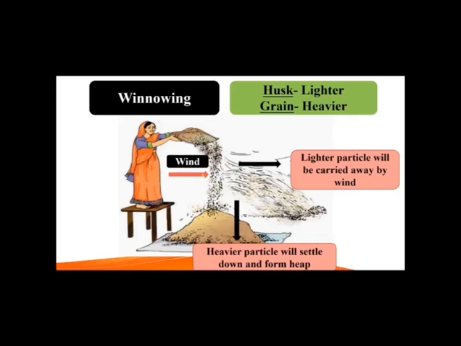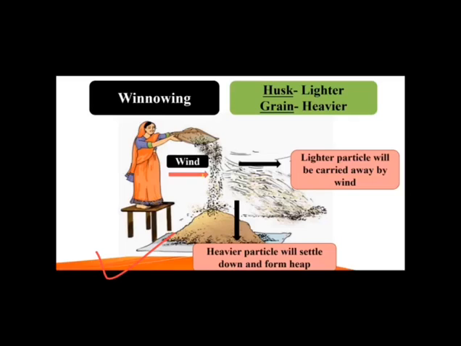What you can see here is a woman standing on a raised platform, and she is holding this container in a tilted position and allowing the grains to fall down. Now what will happen in this position?